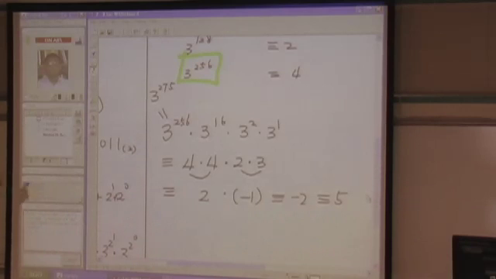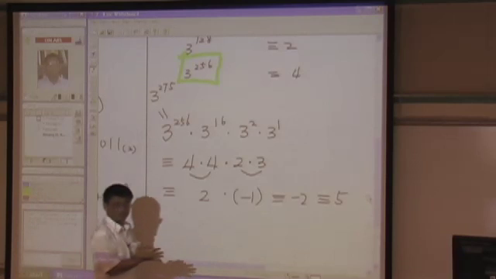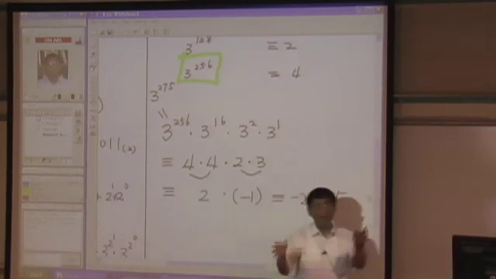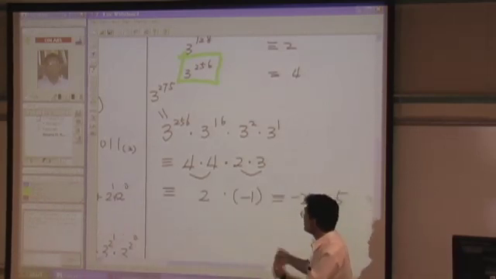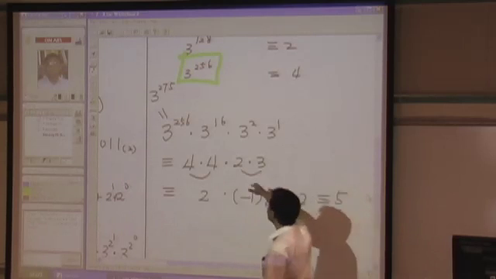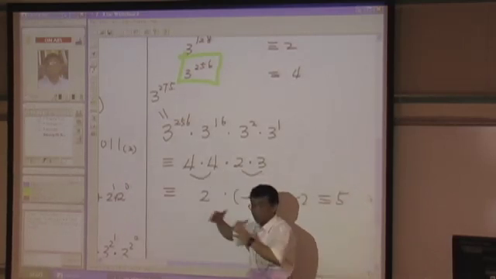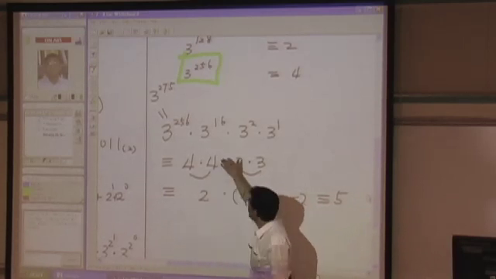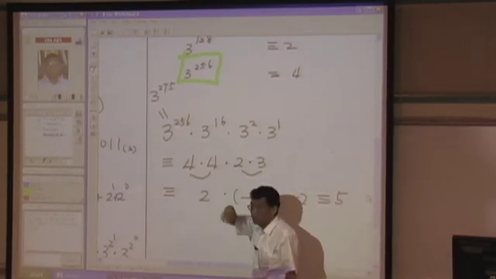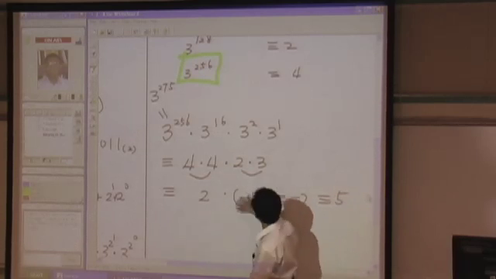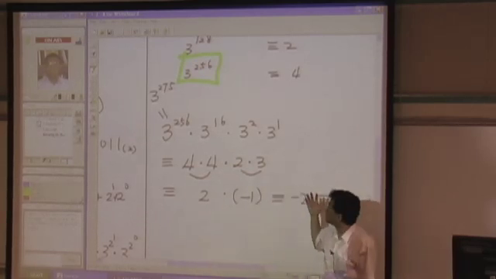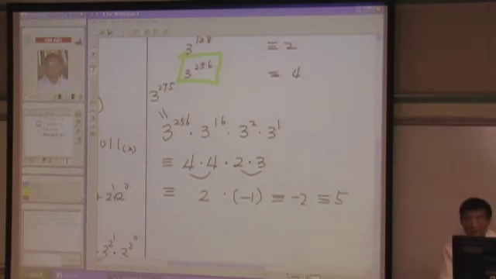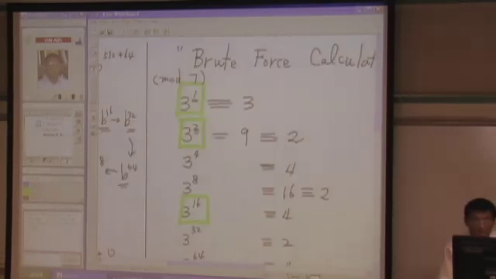Some student chose this high power. Yes. So any number, any power, any mod can be used, but the only reason that I chose mod 7 was hand calculation. In real programming, you are not limited to a modulus like 7, right? And you can use any moduli to do this kind of calculation. But what I showed you was the usage of the binary exponentiation technique in this brute force calculation.